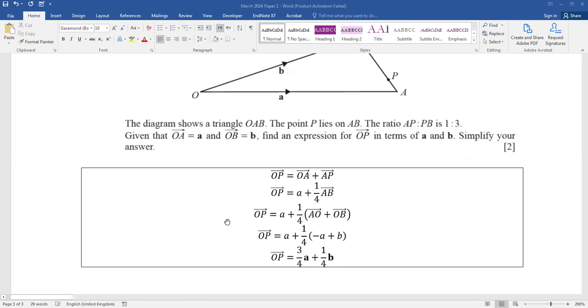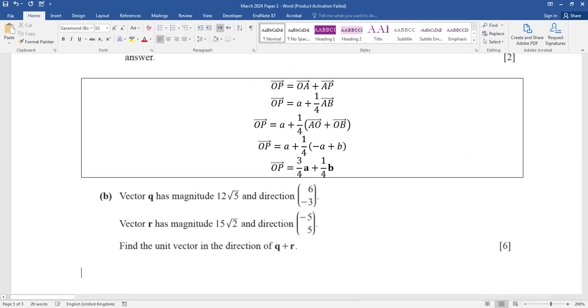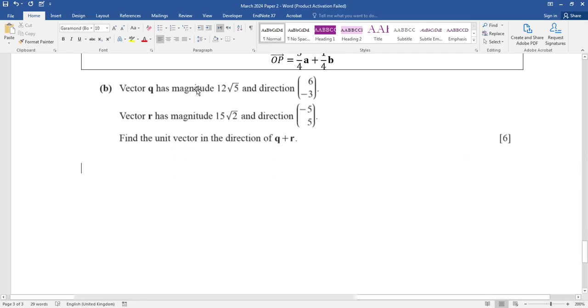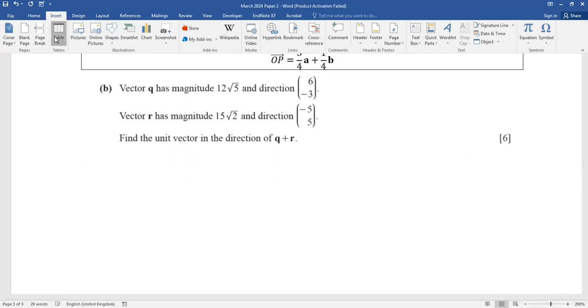Now, in the next part, this is a question that often confuses students. You can draw a vector and then understand it as well. They have given us a magnitude of 12 root 5 and they have provided a particular direction.